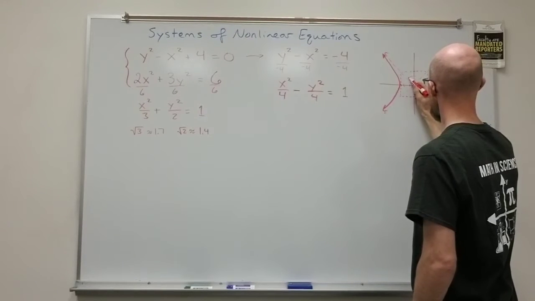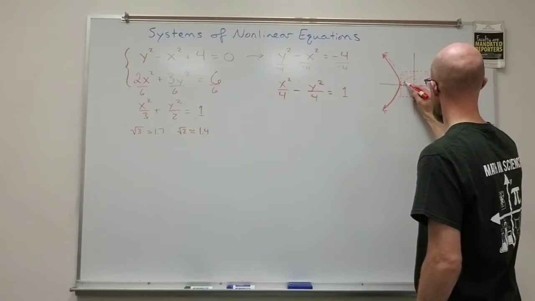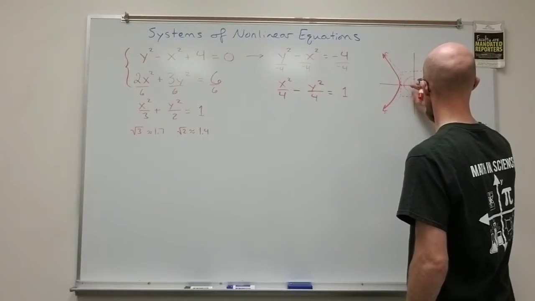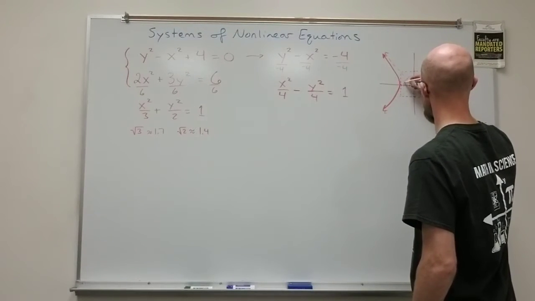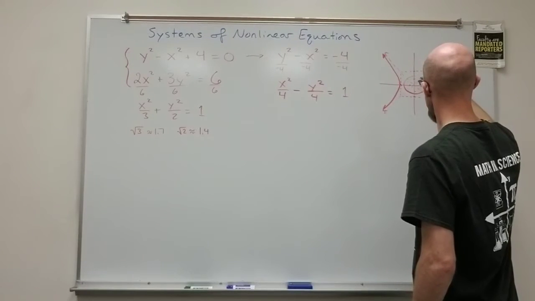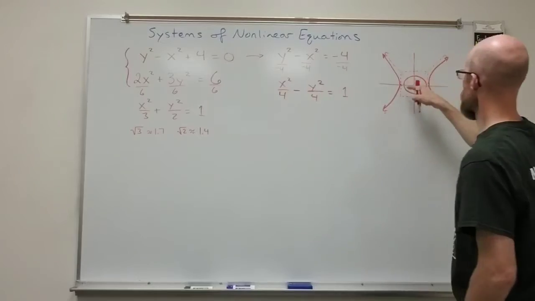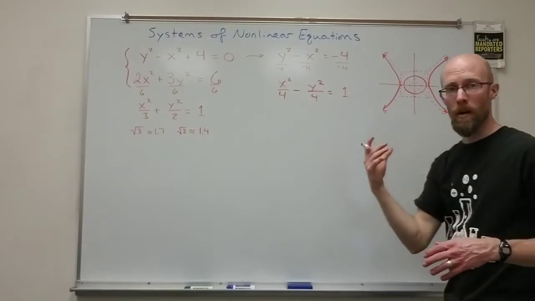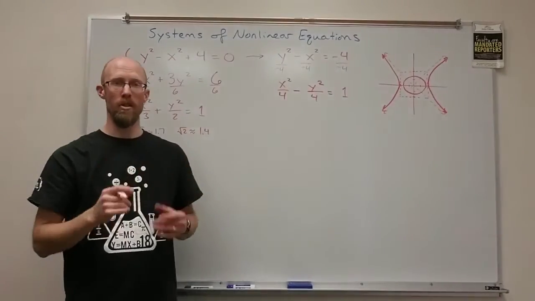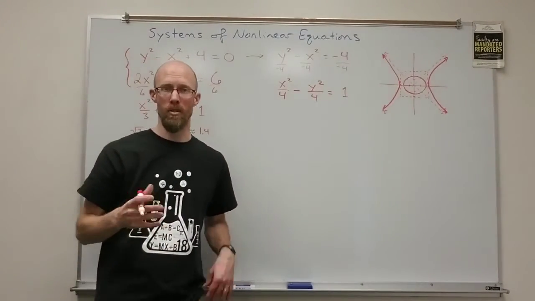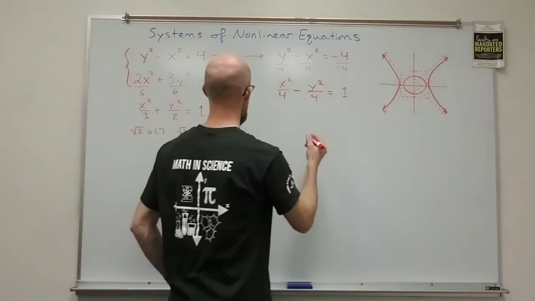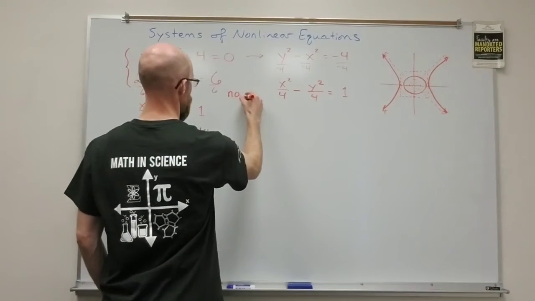And so it appears that we may have a situation with no solution. Because my ellipse is, according to my graph, completely inside that hyperbola, in between the two branches of the hyperbola. It's not actually intersecting. That's my guess then. So I'm going to guess at this point that there's no solution.